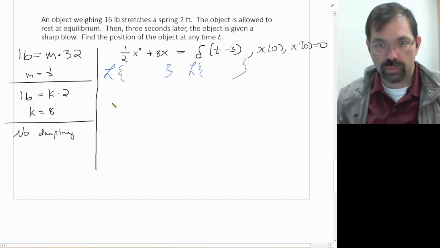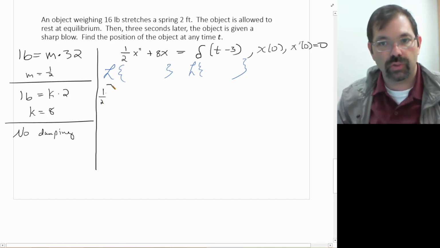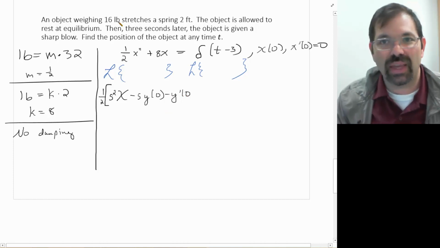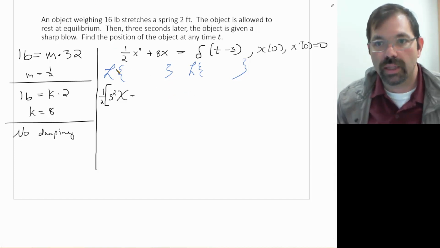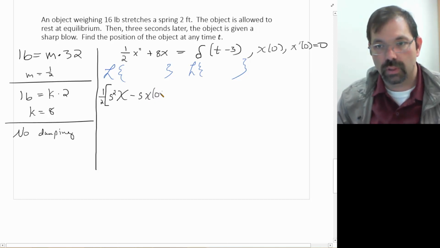All right, so the Laplace transform of 1/2 x double prime. Well, let's see, that would be 1/2, and then the Laplace transform of x double prime. That's s squared capital X minus s x of 0 minus x prime of 0, and these should be lowercase x's, sorry.